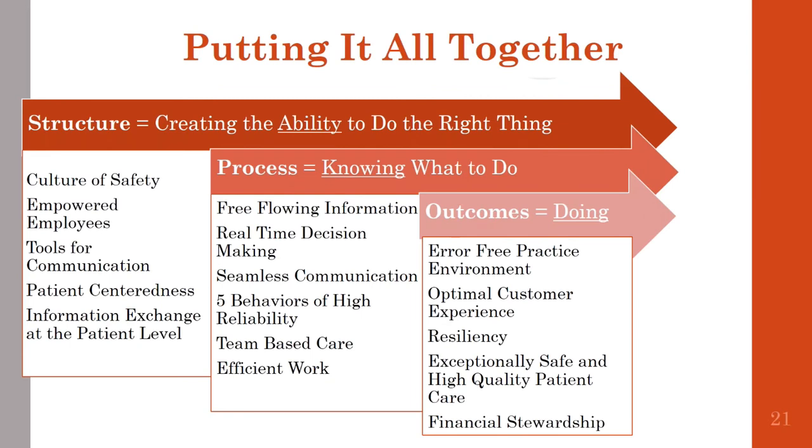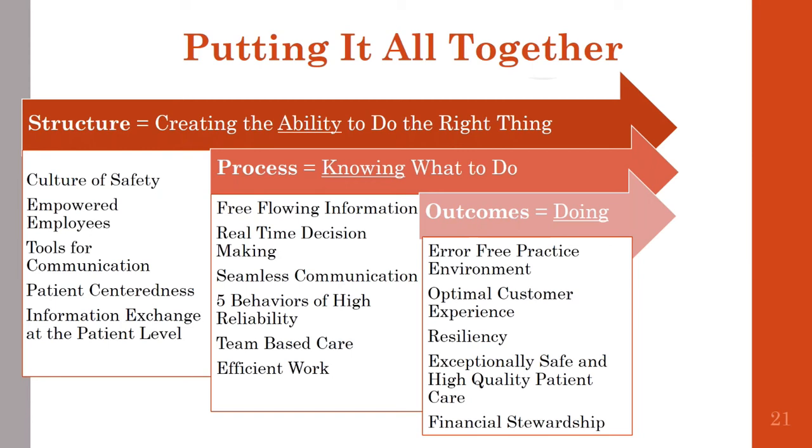Now, if we put this all together, this is what it looks like. So we have to talk about structure first. Structure is creating the ability to do the right thing. And the structural components are the culture, having the right tools in the toolbox to communicate in real time and accurately, and being patient-centered, handing power back over to our patients, not only for their health, but for their information.